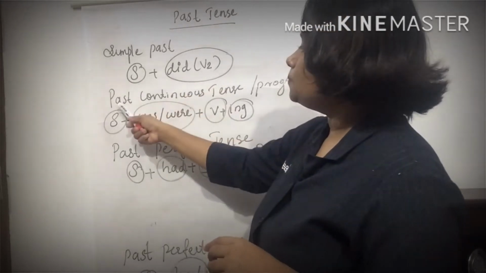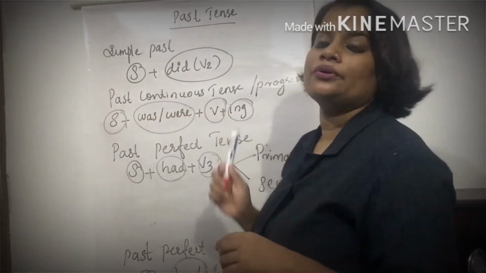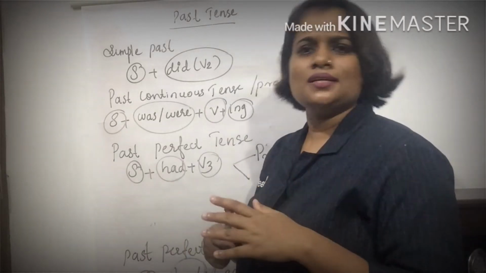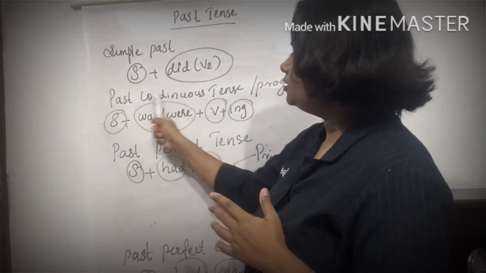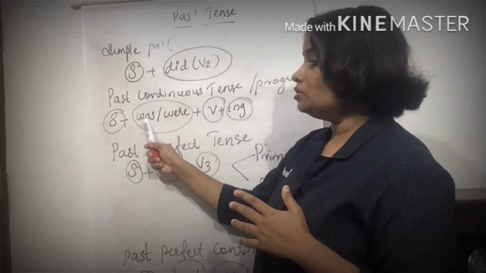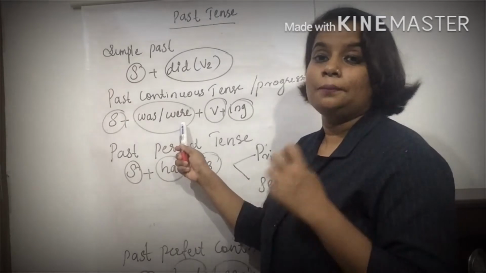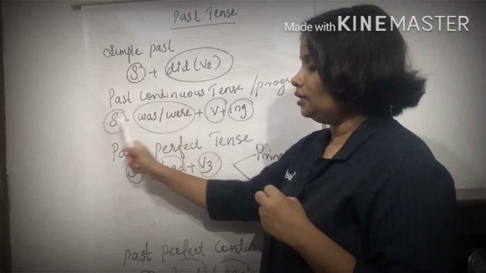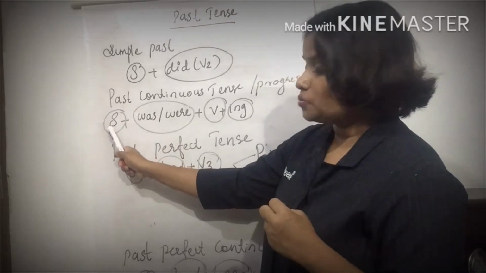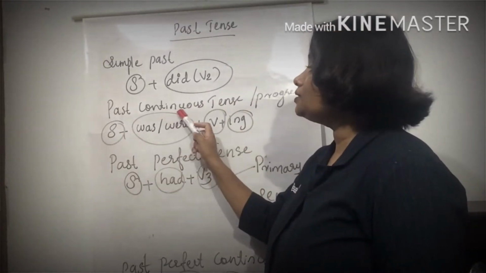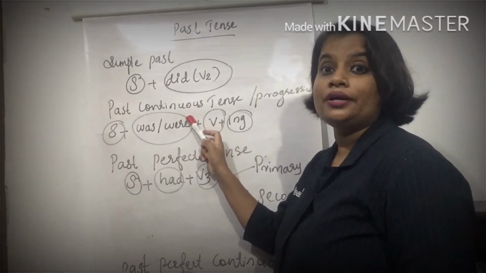The next one is the past continuous or progressive tense, similar to the present continuous tense, but the only change is in the helping verbs, that is was or were. In the past tense you have to use the helping verbs was or were. Let's explain the structure once again. This is the action which is ongoing in the past.